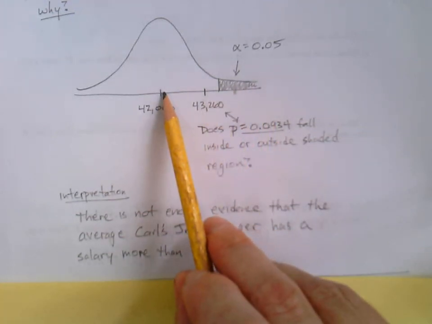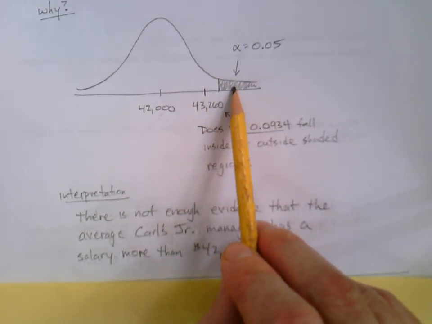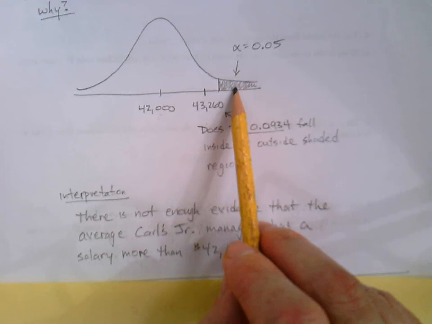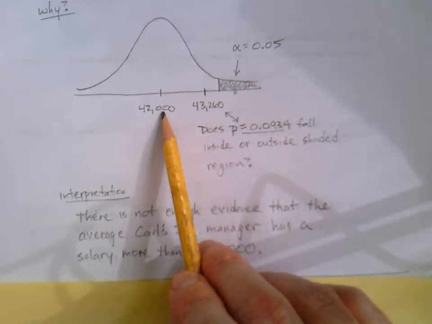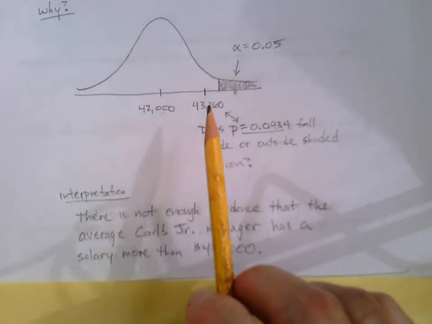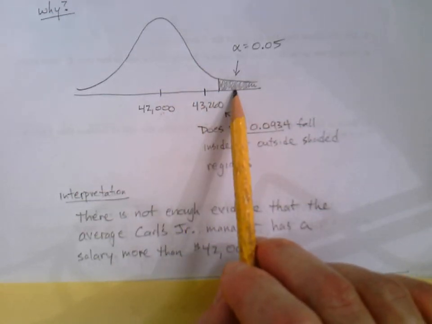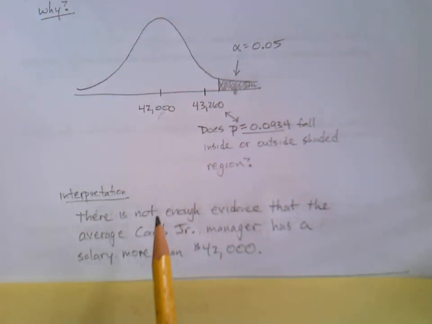The chances of just any random sample of 30 managers getting an average in here is so low that it's probably this that wasn't true in the first place. If we pick 30 Carl's Jr. managers and they land in here, this probably wasn't really the average for the Carl's Jr. managers in the first place. So we reject it. Maybe that makes a little bit more sense to you.